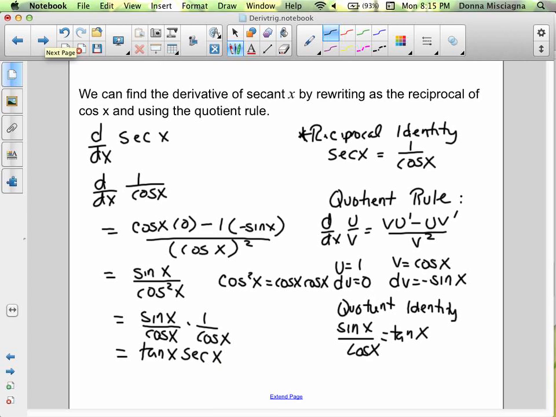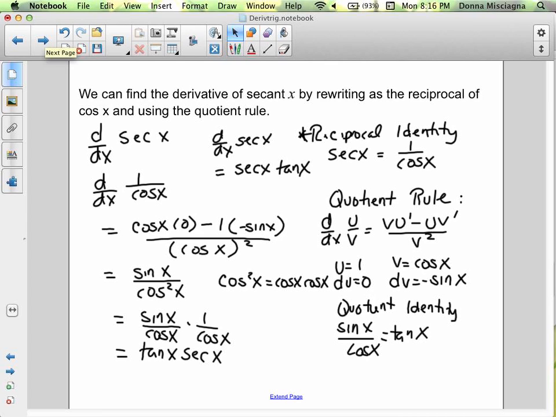Now, the order you write those in doesn't matter. Tangent x times secant x is the same as secant x times tangent x. So sometimes the derivative of secant x is written as secant x tangent x. As long as you have the right terms in that product, it doesn't matter who's first and who's second.